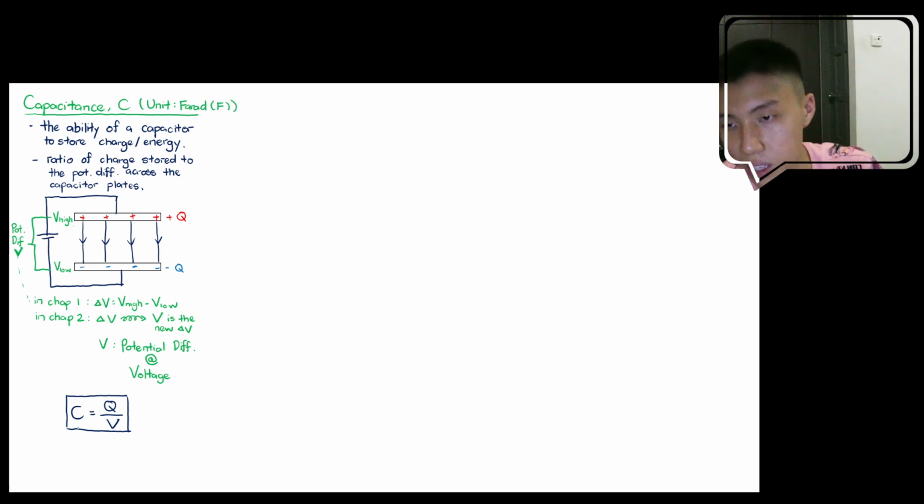Based on this statement, we can sort of see that if you have high capacitance, you store more charge under the same potential difference.